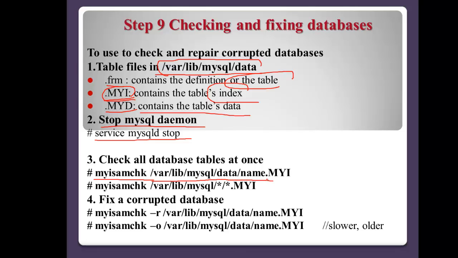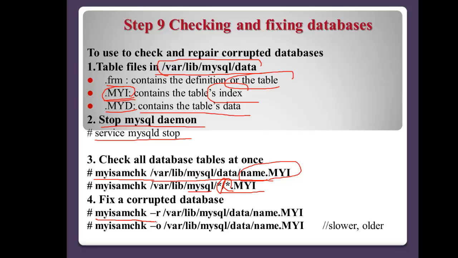So in our case, we will use this table, name.MYI. And if we want to check all the database tables, in this case, the star here means all the database names, and here all the table names. So like this.